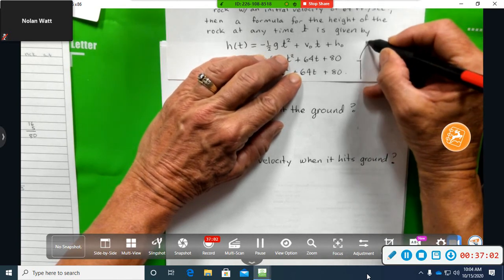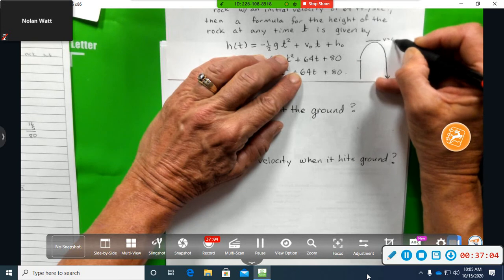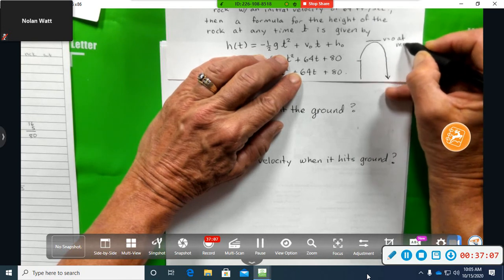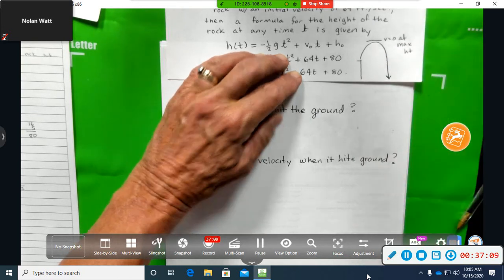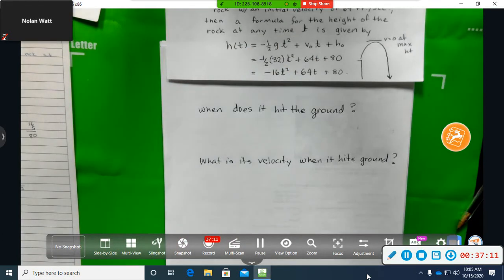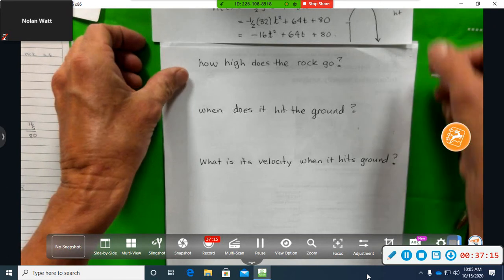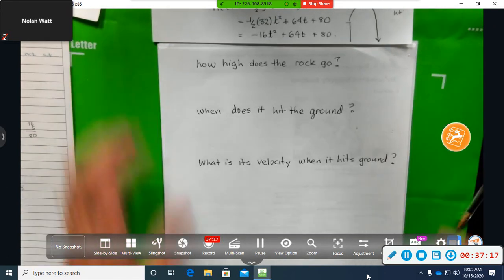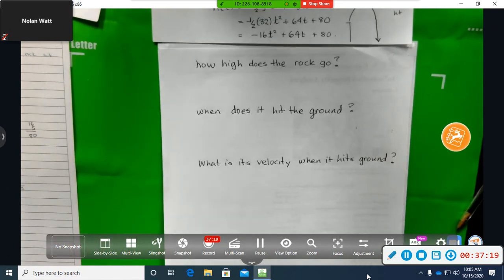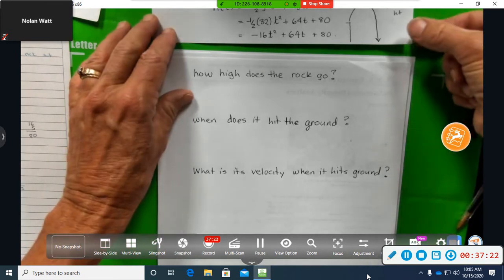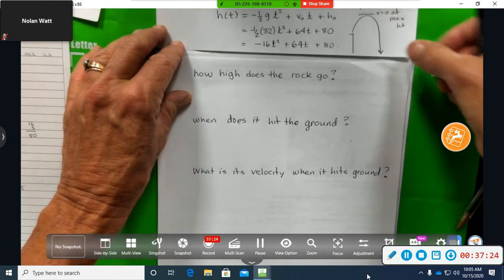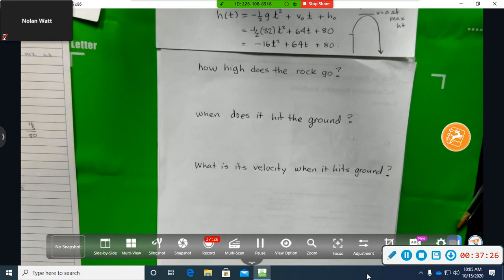You set velocity equal to 0. So find your velocity and find when it's 0, and then you find the height at that time. Find where the velocity is 0, and then plug it into your height function.